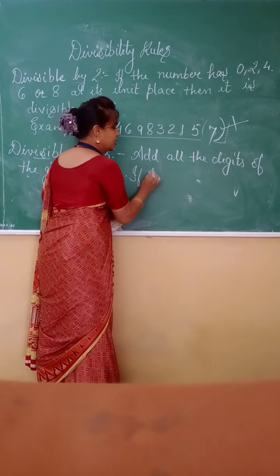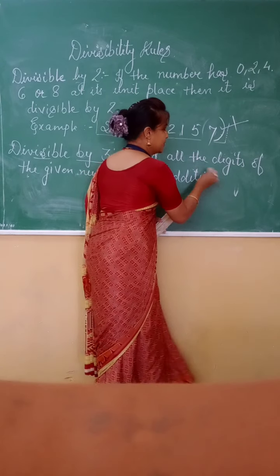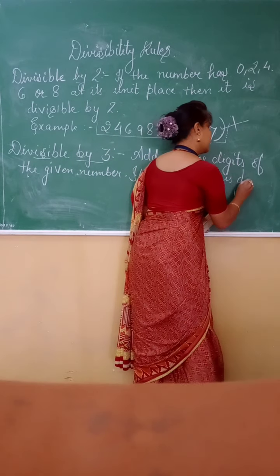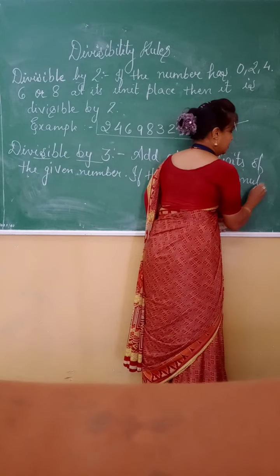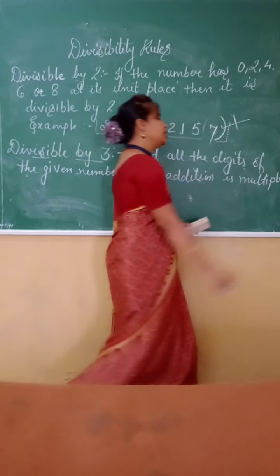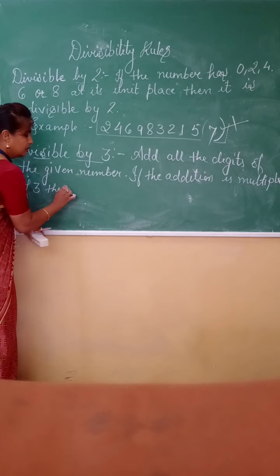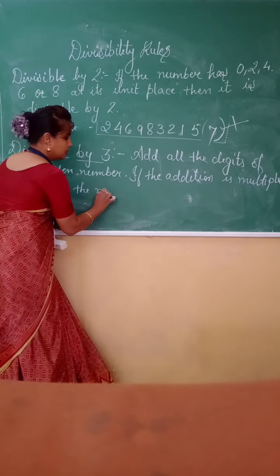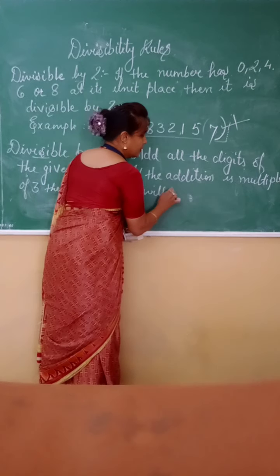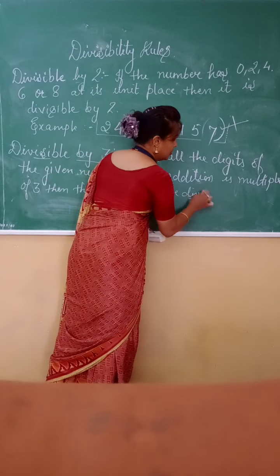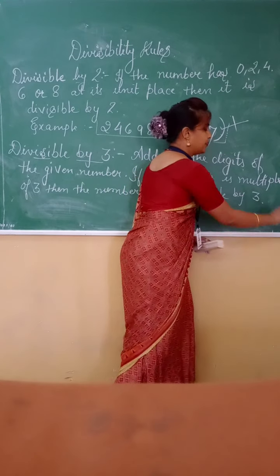If the addition is divisible, or you can say if the addition is a multiple of 3, then the number will be divisible by 3.